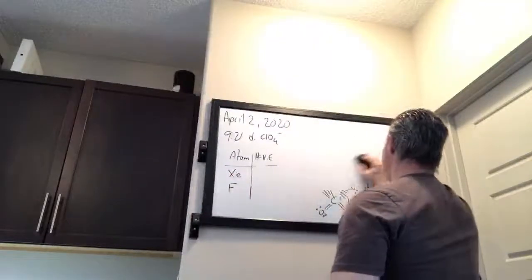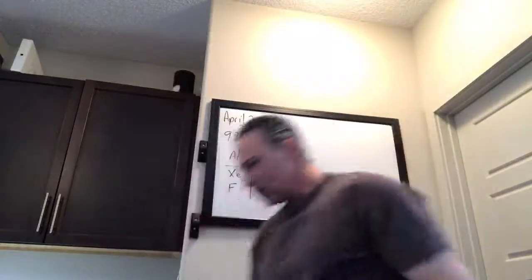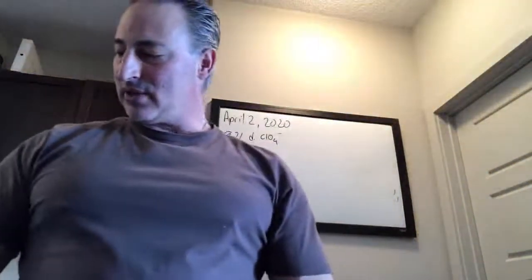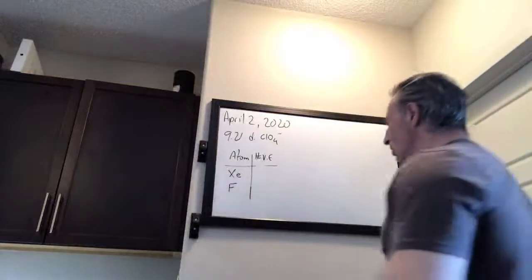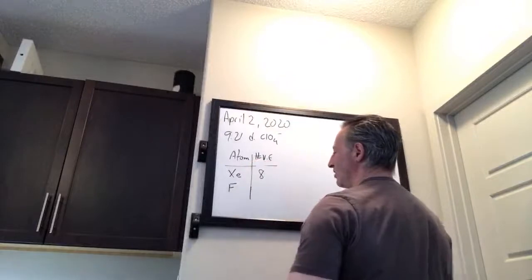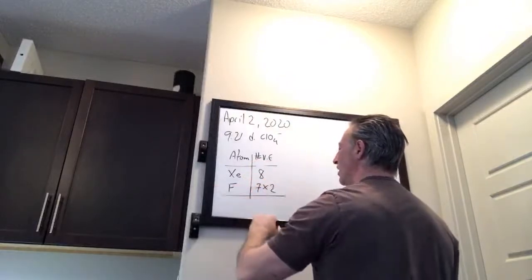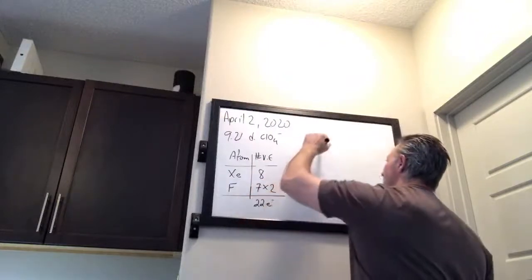You've always been taught that noble gases are inert, but there are conditions that you can subject them to in which they will form compounds, and it usually involves fluorine as the other atom, because fluorine is quite reactive. So there's 8 valence electrons on xenon, 7 on fluorine, and there's 2 of them in the compound, so 14 plus 8 gives you 22 electrons to account for in the diagram.